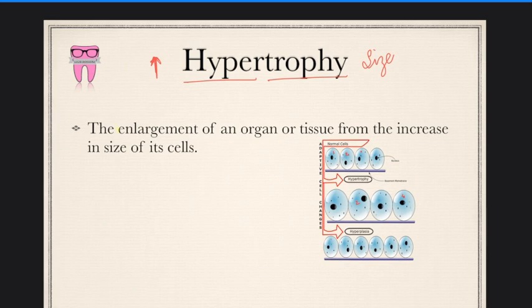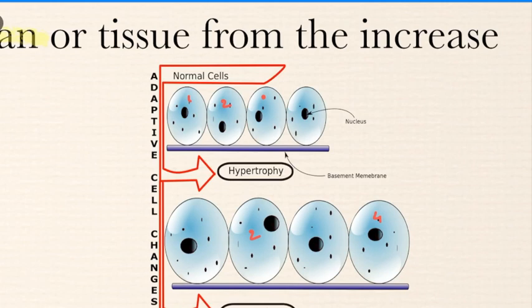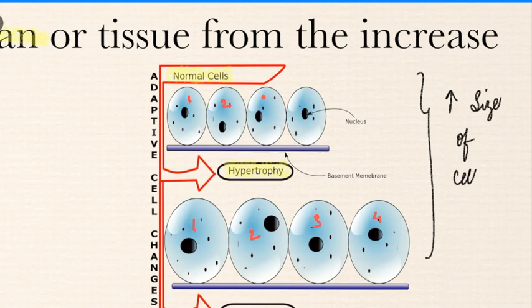It is the enlargement of an organ or tissue from an increase in the size of its cells. Here you have a diagram. These are normal cells. As you can see, they are 4 in number. And this is hypertrophy. As you can see, even over here, the cells are 4 in number. But there is an increase in the size of the cells. This is known as hypertrophy.